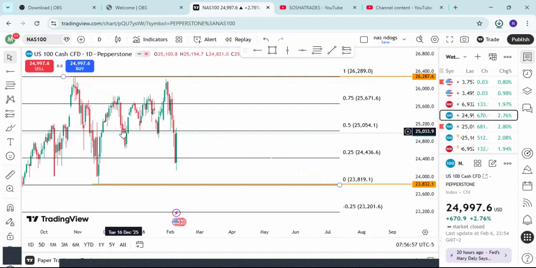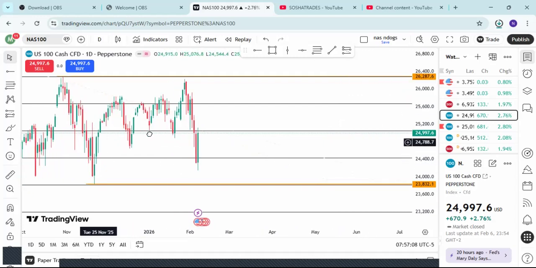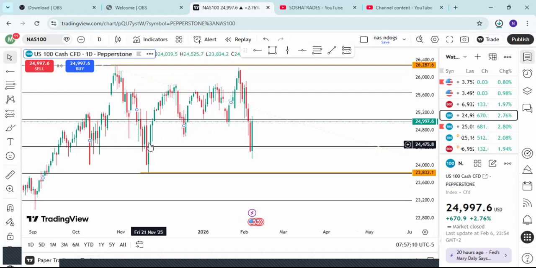Then we went back into premium, returned into discount, back to premium, discount again once more. Also here you have a daily volume imbalance.